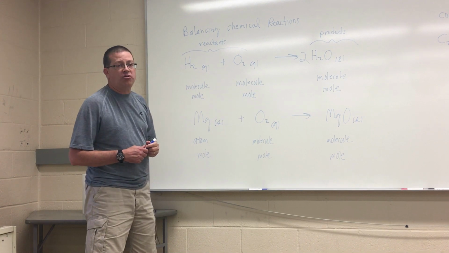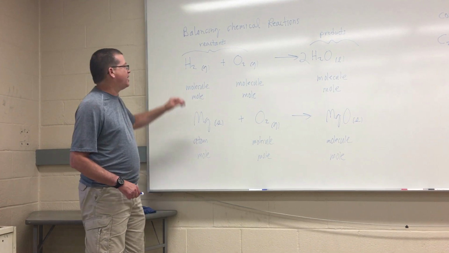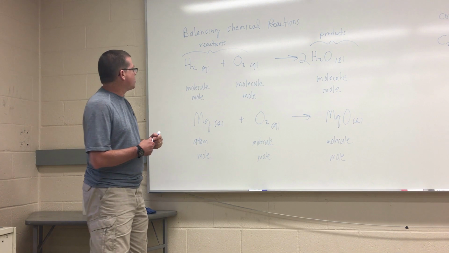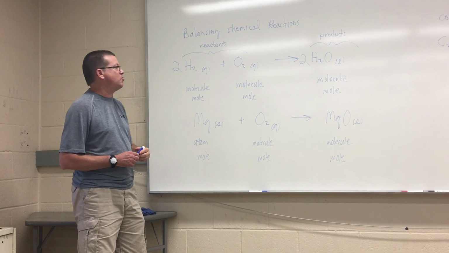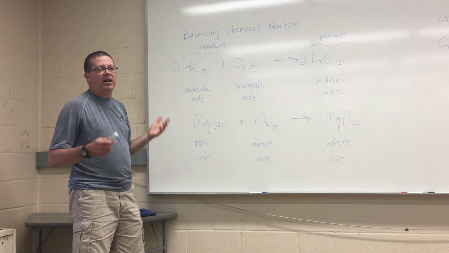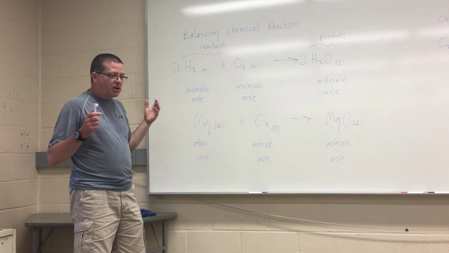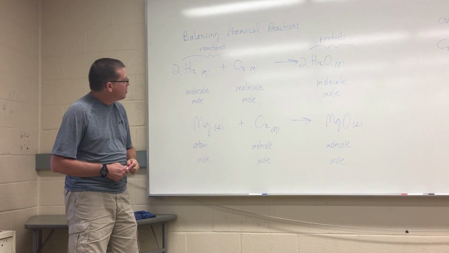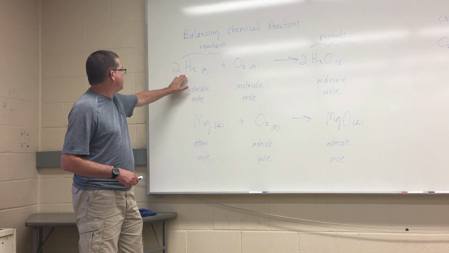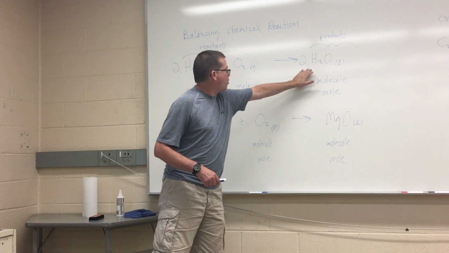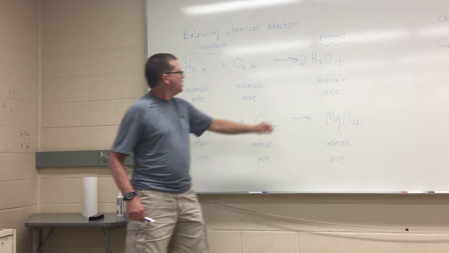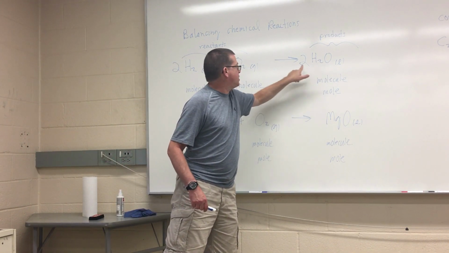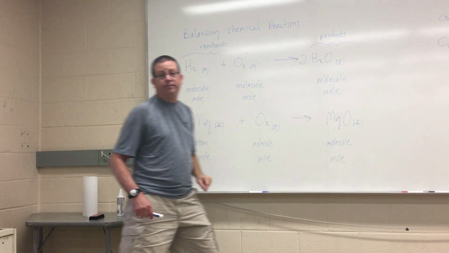If I have 4 hydrogen atoms, I have to compensate on the left-hand side of the reaction. So I'm going to do that by putting a whole number 2 coefficient in front of the hydrogen. So now we've satisfied the law of conservation of mass or matter here. Alright, I've got 4 hydrogen atoms on the left, 4 hydrogen atoms on the right, 2 oxygen atoms on the left, 2 oxygen atoms on the right because the 2 distributes through.